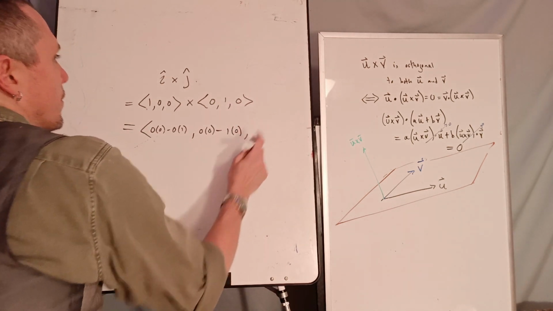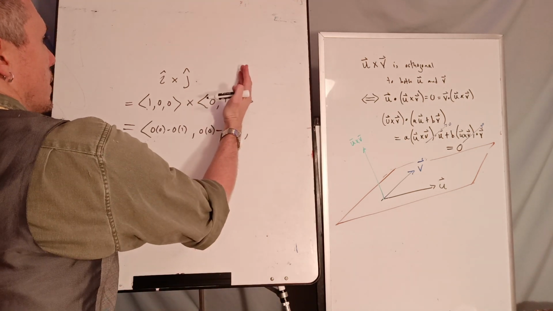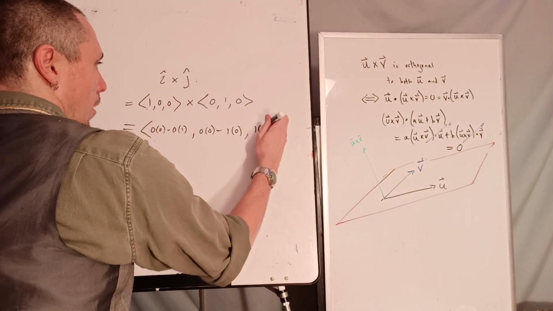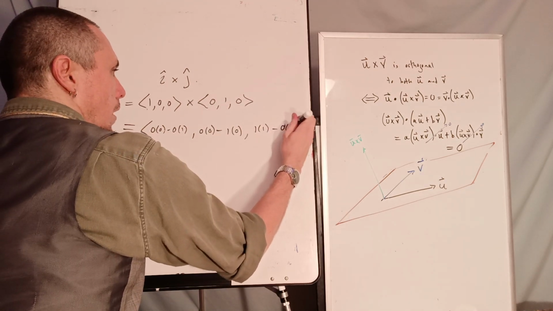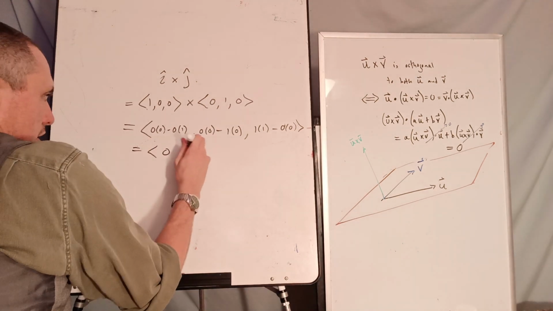And then covering this up, I have 1 times 1 minus 0 times 0. And we see that this is just 0, 0, 1.